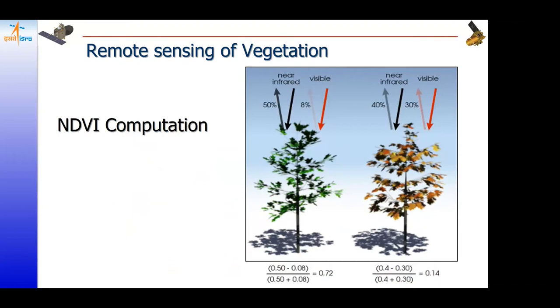So their reflectance is quite different in both the NIR band and visible band. If we compute the NDVI, normalized difference vegetation index, the value for healthy vegetation is around 0.72, and for stressed or senescent crop it is around 0.14. So using NDVI computation, we can see a clear-cut contrast difference between healthy and stressed vegetation.